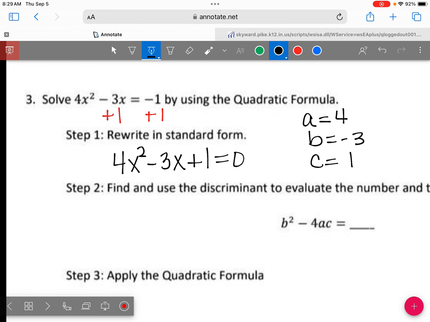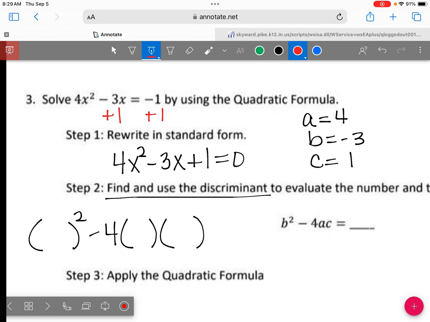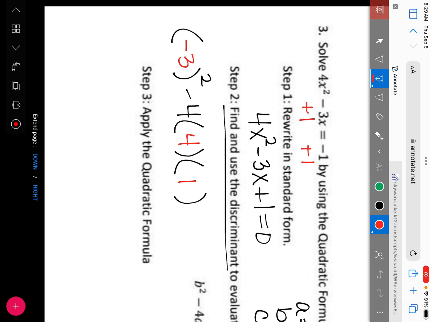Next step is find the discriminant. So B squared minus 4 times 4 times 1. Type that in your calculator and see what you get. And I think this time we should get a negative.